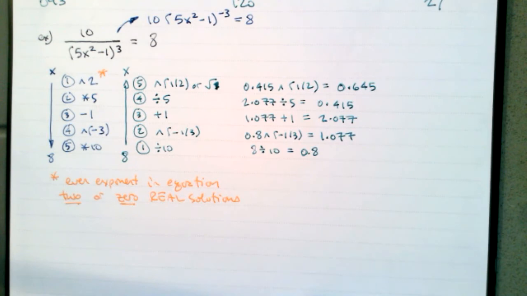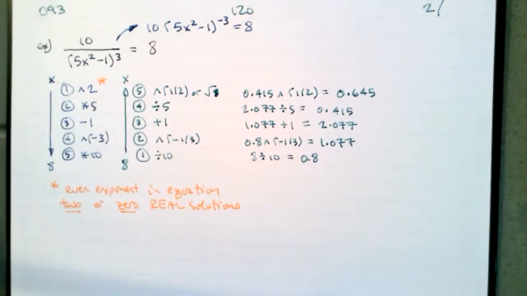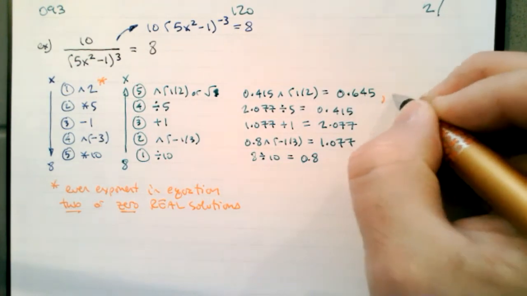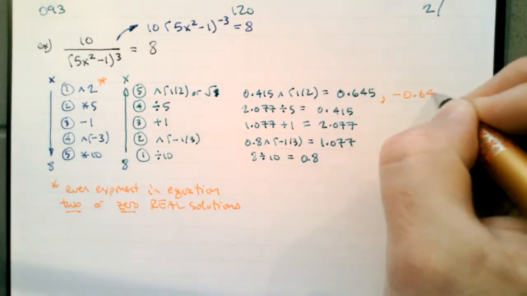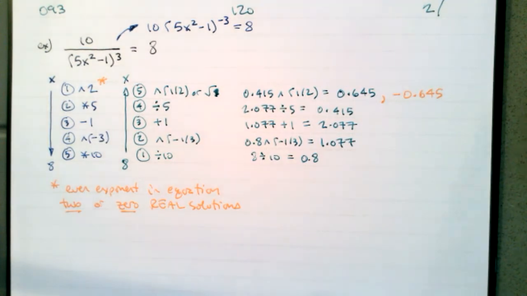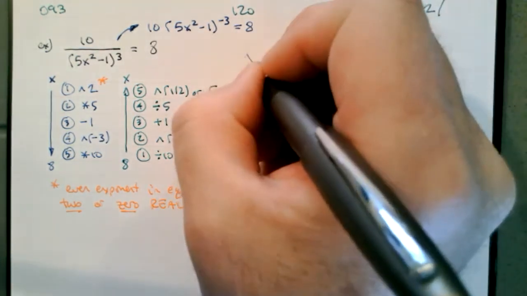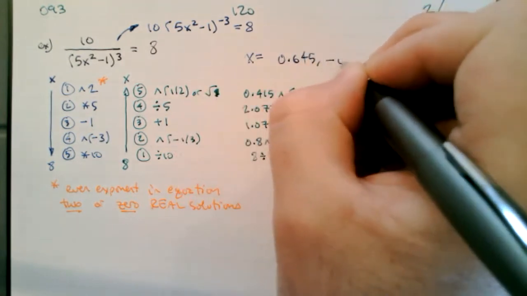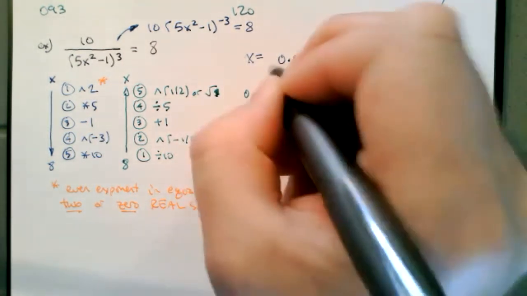In this case, we got a real solution because we didn't have an even power equaling a negative number. So I'll have 0.645 and negative 0.645. So there are our 2 solutions: x equals 0.645 and negative 0.645.